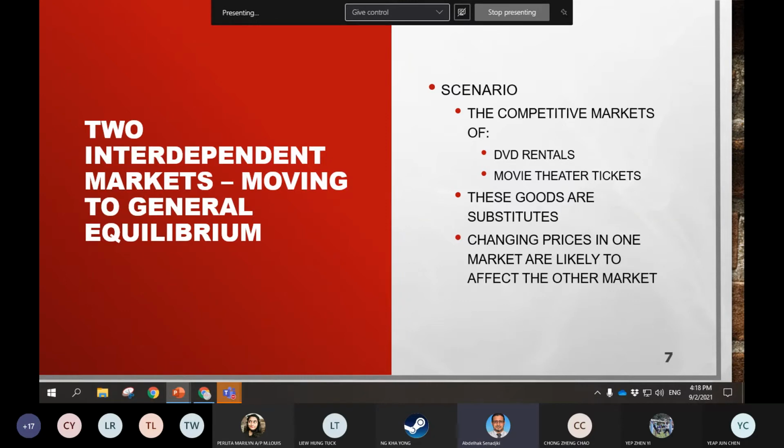Since they are substitutes, changing the price in one market, DVD rental or cinema, will lead to a change of the price and quantity of the other market. So they are interrelated.